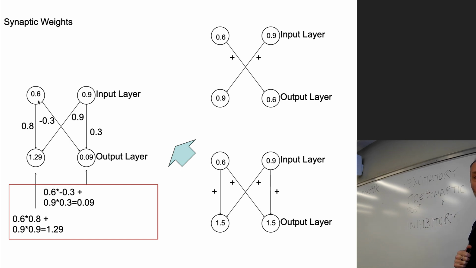So the greater the value here, or the more positive the value of the presynaptic neuron, a big positive number multiplied by a negative number gives a big negative number. The more the presynaptic neuron is positive, the more it inhibits or supplies a negative value to its postsynaptic neuron.